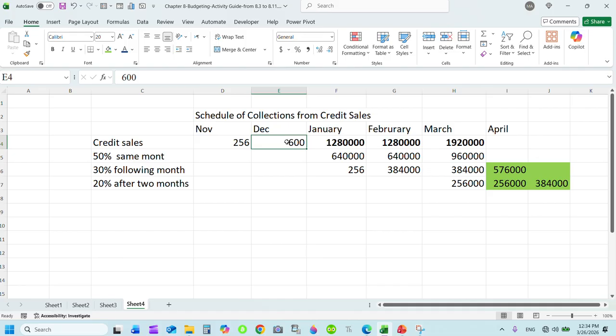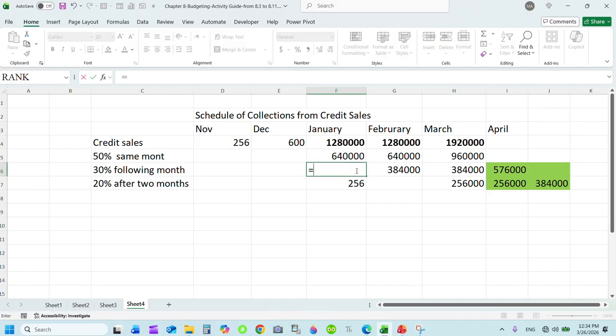Because 50% is collected then and there in December, so 600,000 collected. Out of this 600,000, 30% will be collected this month. I'll put it here.